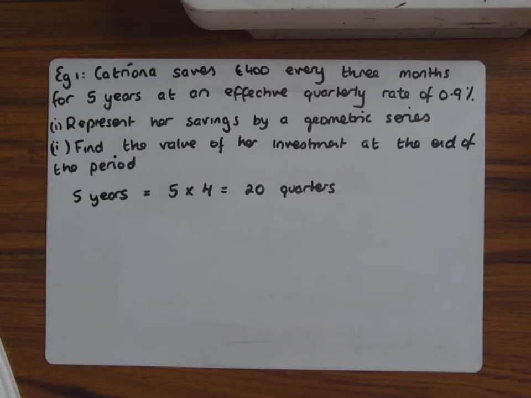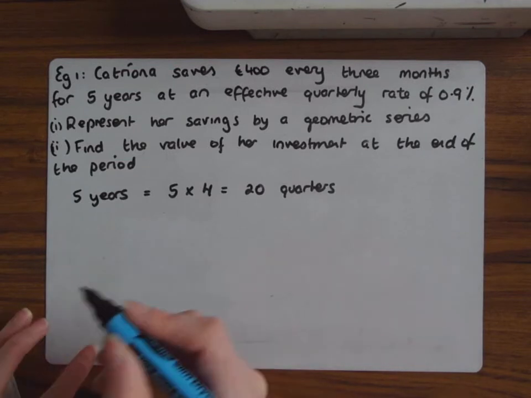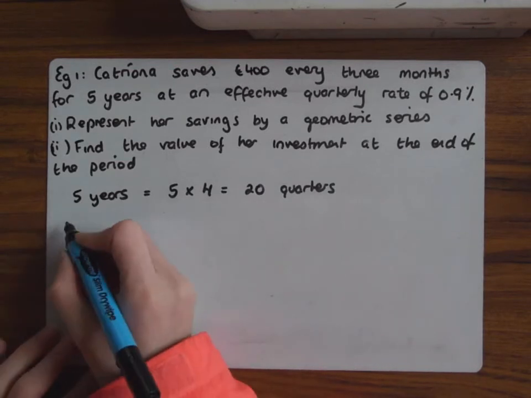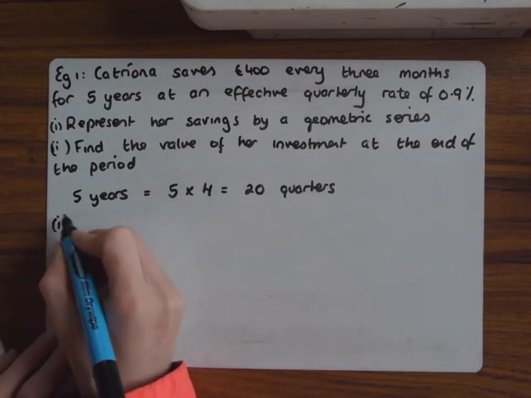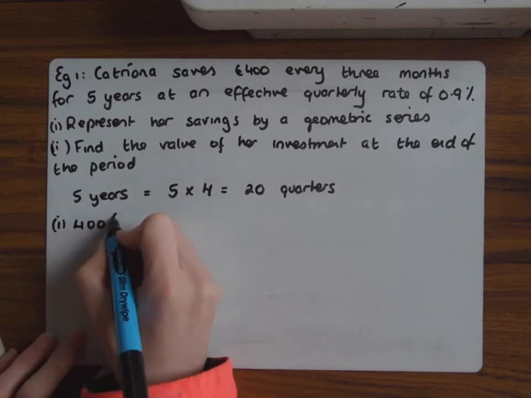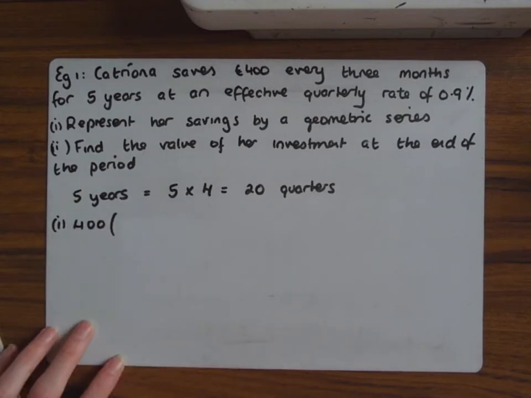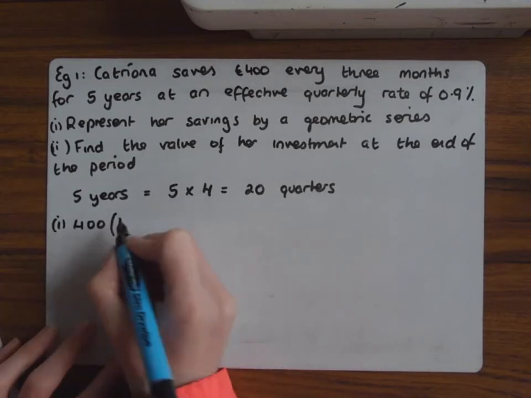Now, we know when we're writing out our geometric series, we reverse it. We start at 1 and go up to 20. Okay? So, 400 euro, this is part 1 here, 400 euro is going into the account and it's earning interest.